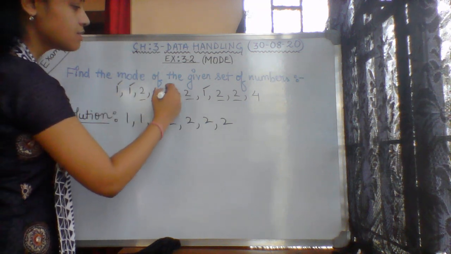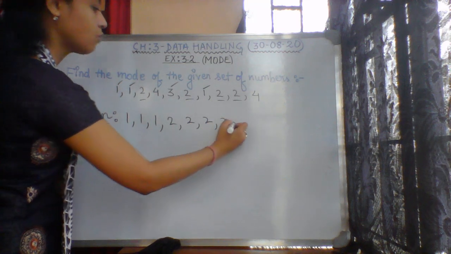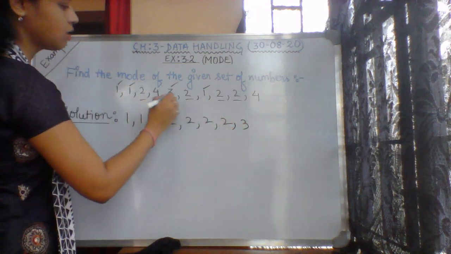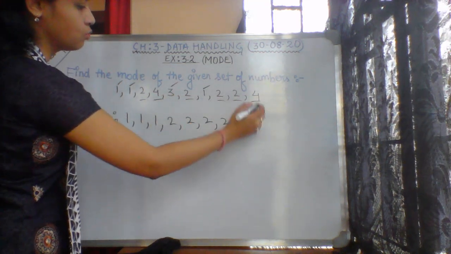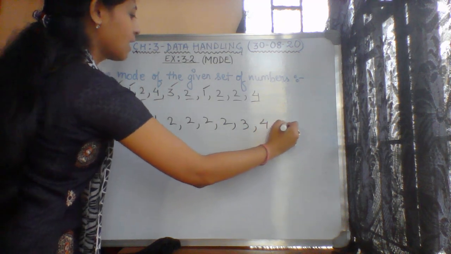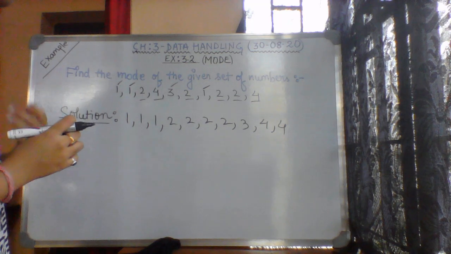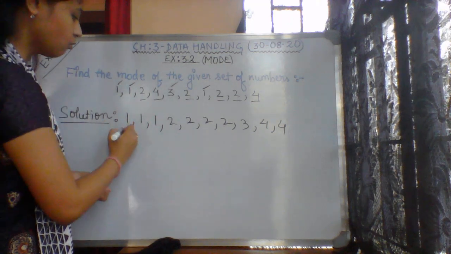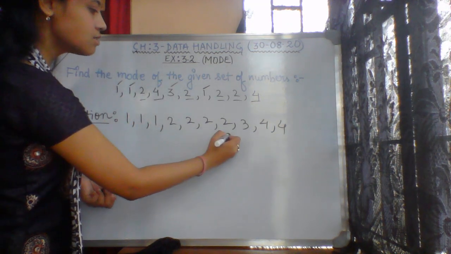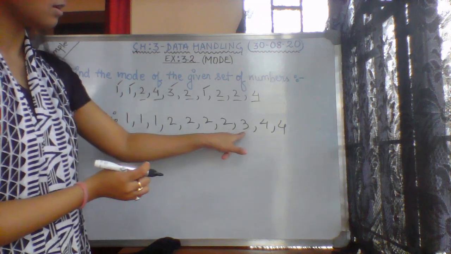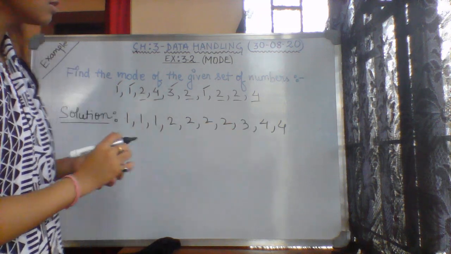So now 3 is occurring how many times? Only 1 time. And 4, 1 2. So we have arranged them, and now it's easy to identify which number is occurring most often. 1 is 3 times, 2 is 4 times, 3 is 1 time, 4 is 2 times.